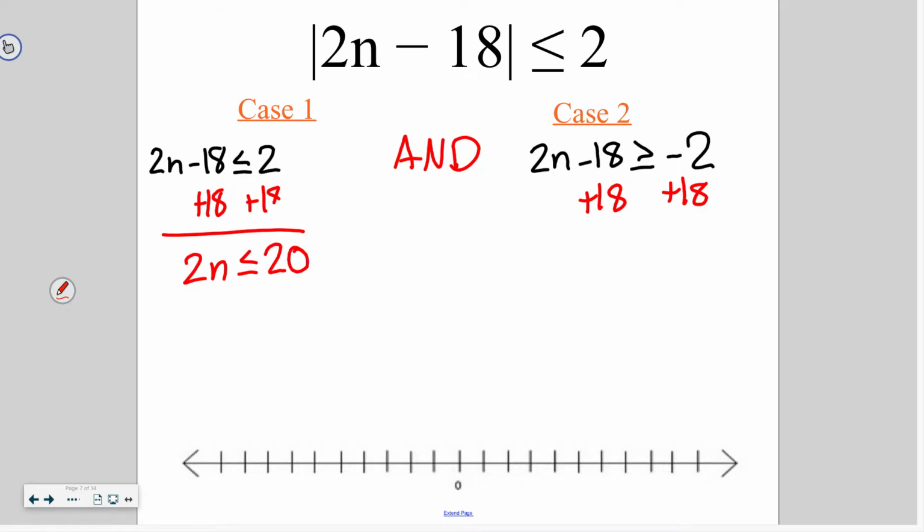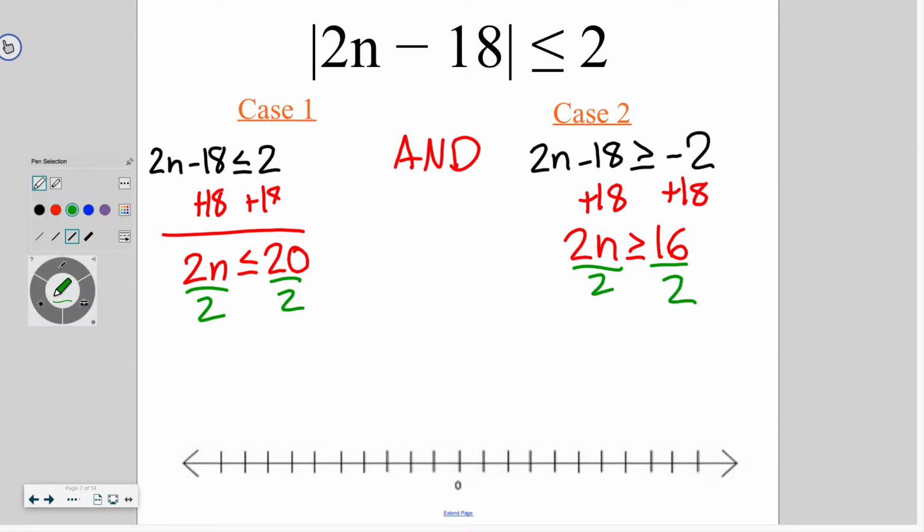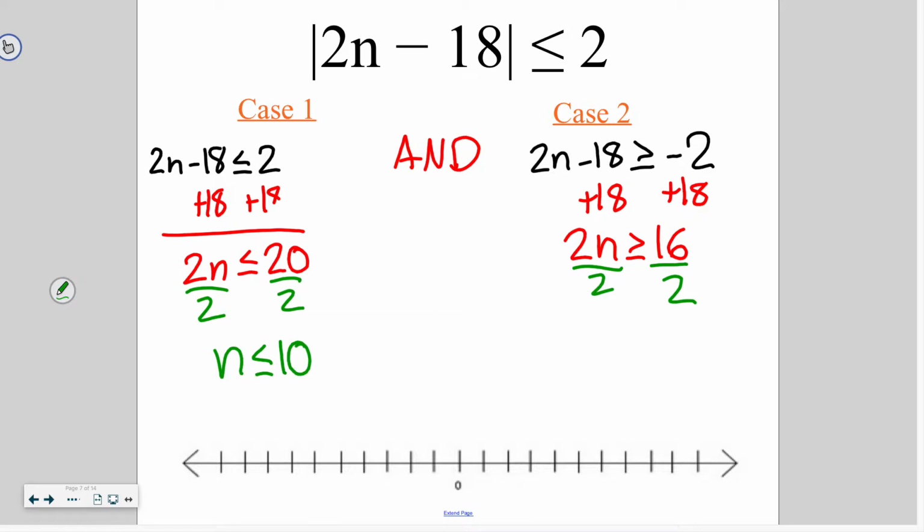And for case 2, I've got 2n is greater than or equal to 16. Then I'm going to go ahead and divide both by 2 to finish solving. For case 1, I get an answer of n is less than or equal to 10. And case 2, n is greater than or equal to 8.